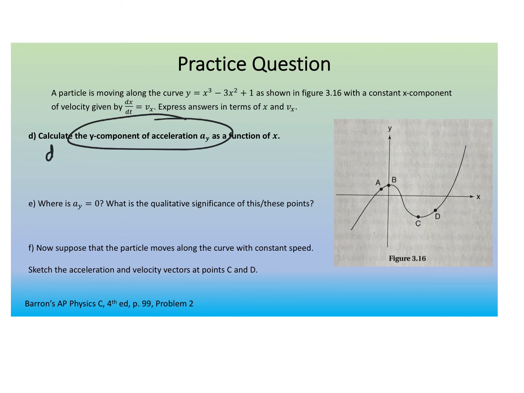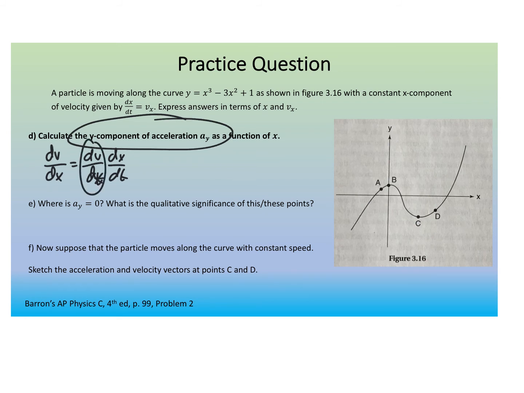If we want to find the derivative of our velocity with respect to x, that's the same thing as doing dv dt, which is our acceleration, times dx dt.